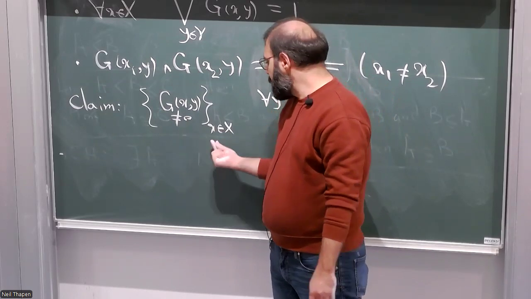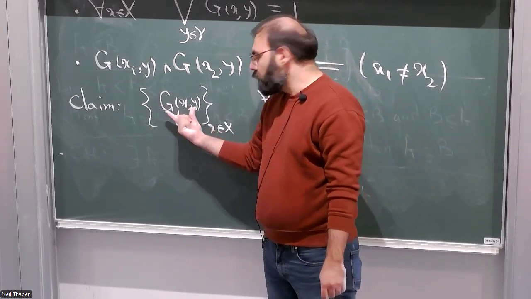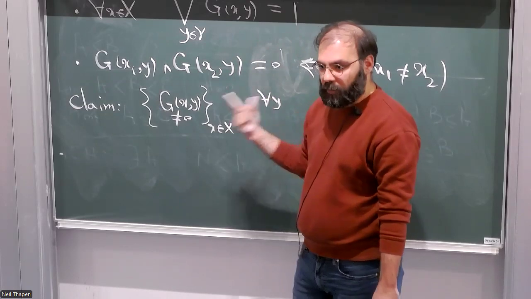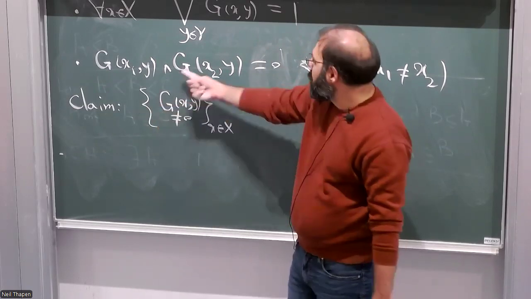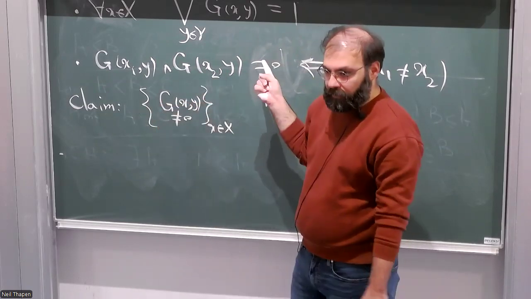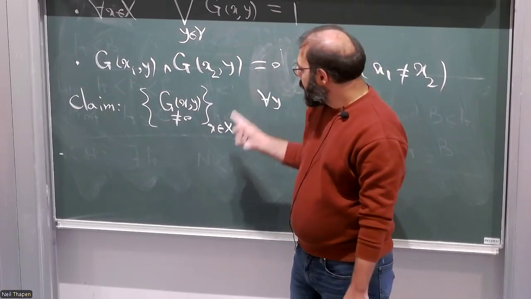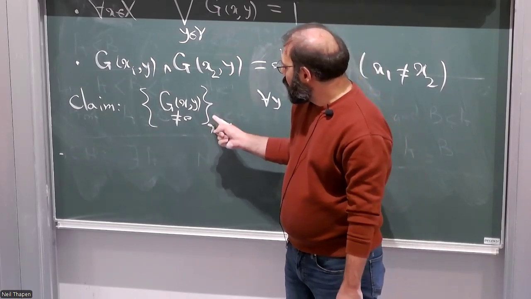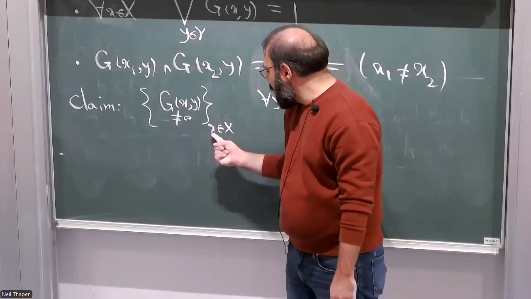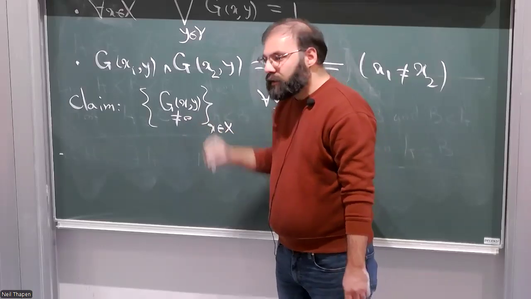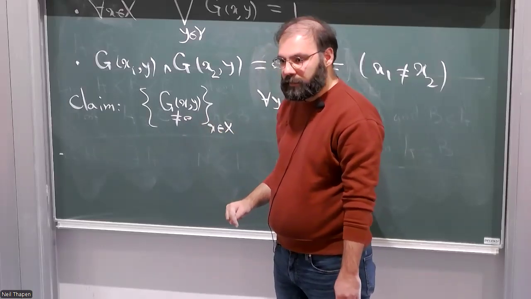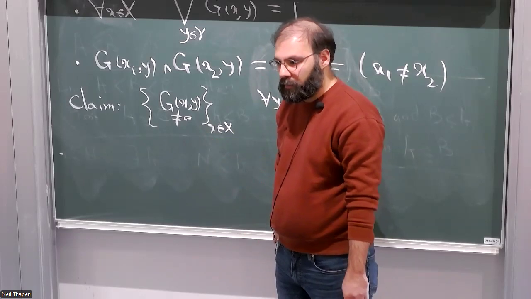So for different x's I get different values, and all the values are countable by that condition. So there are countably many x's with non-zero g. That's the thing that you have to learn.